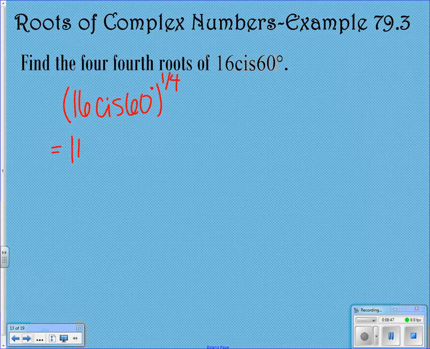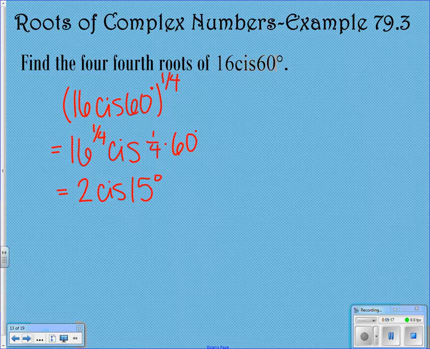So we're going to make it 16 to the 1/4, and then cis 1/4 times 60. Just like we were using the theorem earlier. The 1/4 is the exponent for the 16, and then you multiply your angle by whatever you're raising it to. So 16 to the 1/4 is 2, and then cis 15 degrees, because 60 times 1/4 is 15.